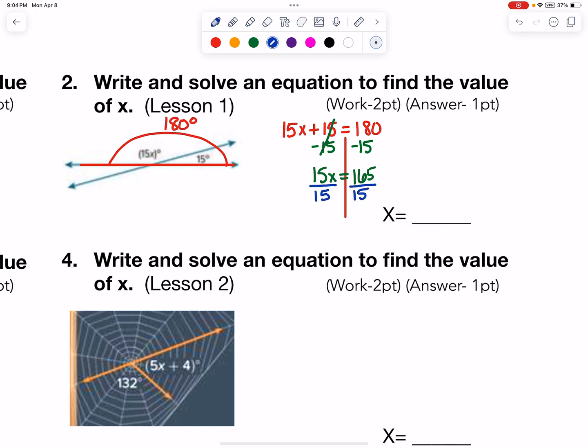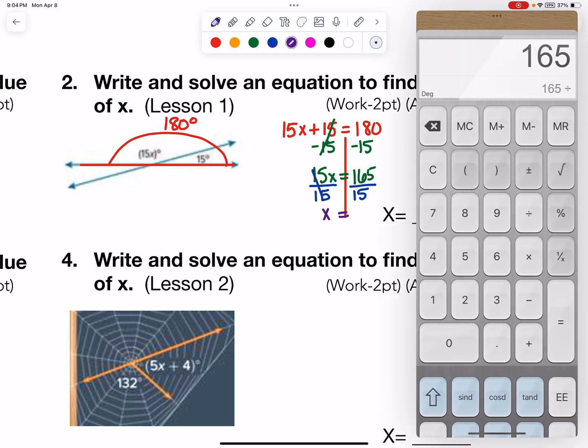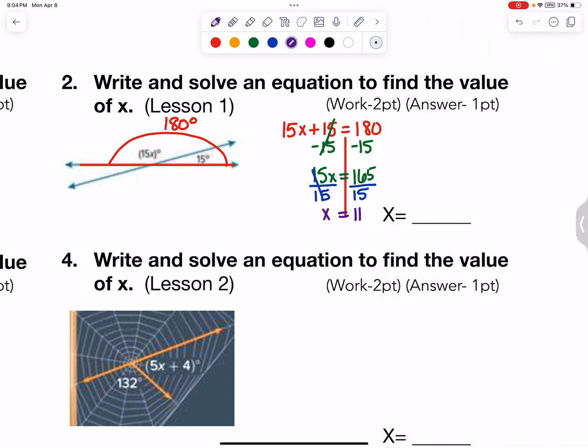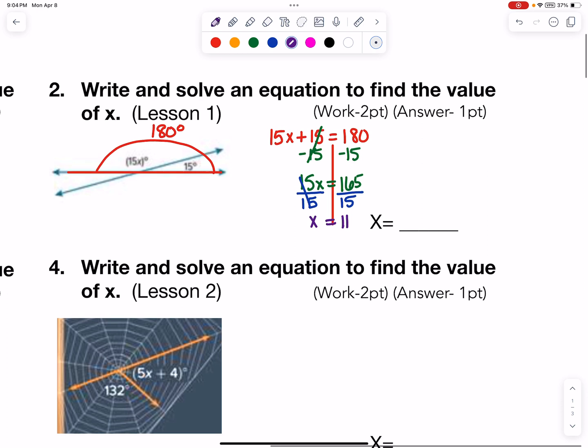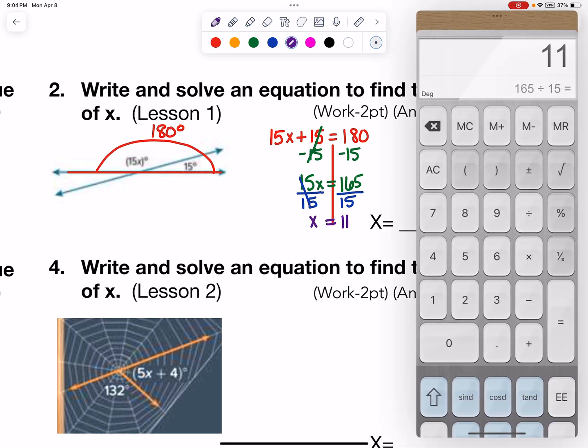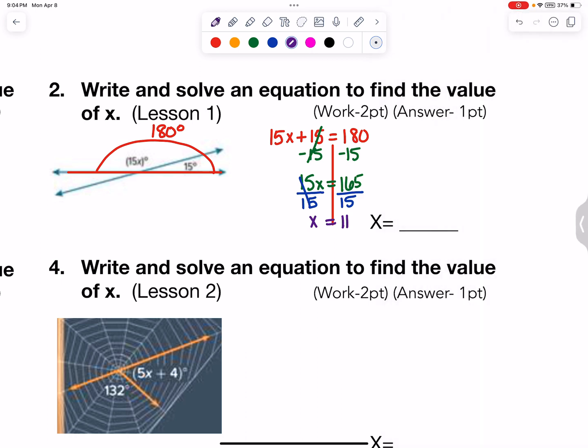We're going to isolate the variable and divide both sides by 15, and we end up with x equals 165 divided by 15 equals 11. And if I want to double check and make sure that I'm correct, I could put 11 in for x, so 15 times 11 is 165 plus the 15 equals the 180. And so let's go ahead and make sure we put our answer, and we're all set with that.